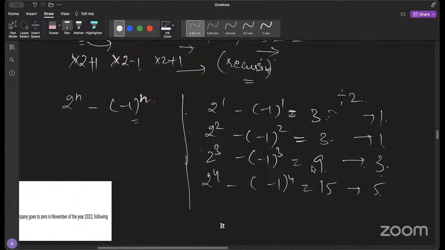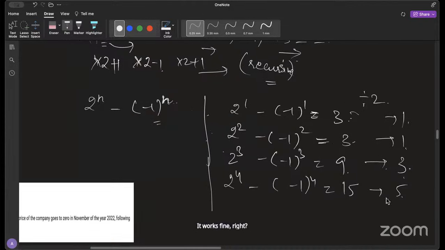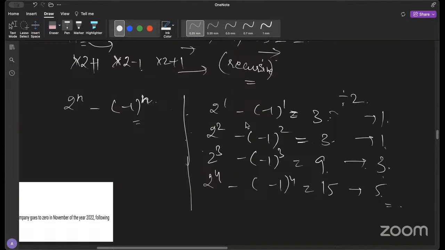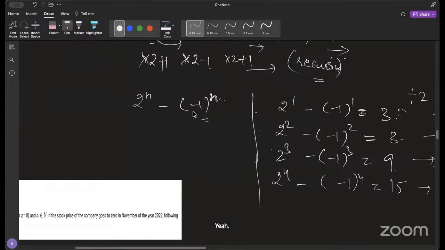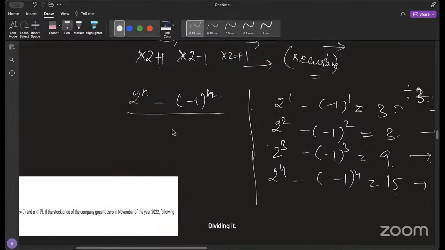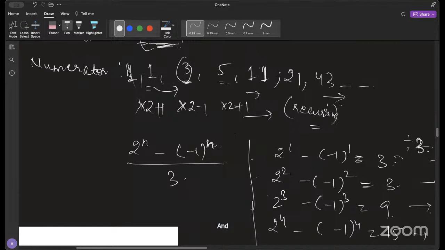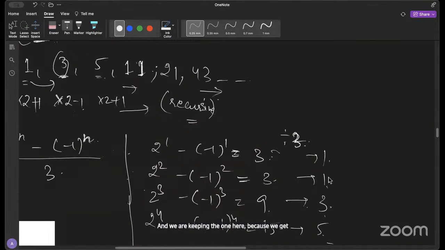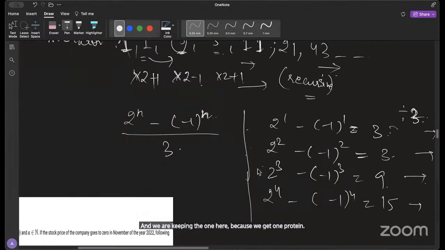It works fine, right? When divided, it's by 3, ma'am, not 2. Yeah. Dividing by 3. We're dividing this thing by 3. And we're keeping the 1 here because we get 1 2 times, and then 3, 5, and so on.